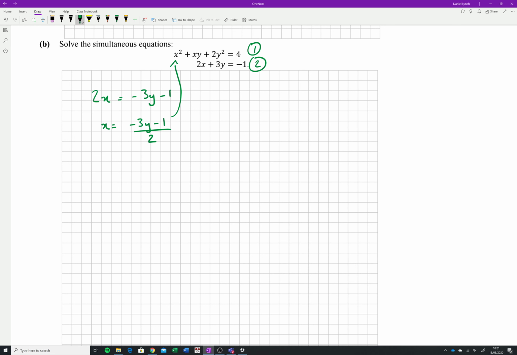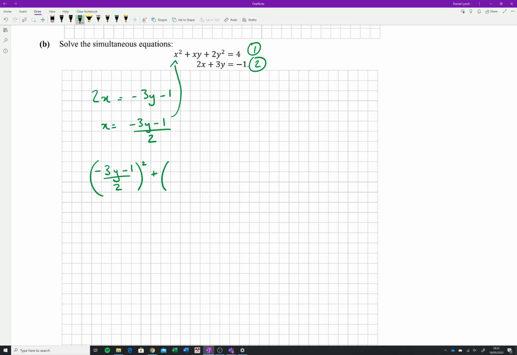Okay, what we want to do is take what x is and sub it into 1. We will be able to do this if you just take your time and do it slowly. So instead of saying x squared, it's minus 3y minus 1 over 2 squared.